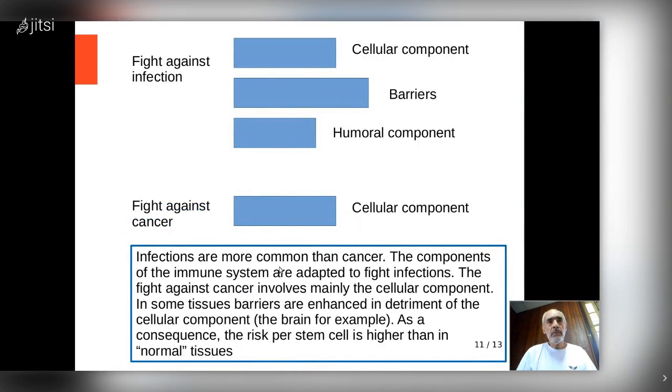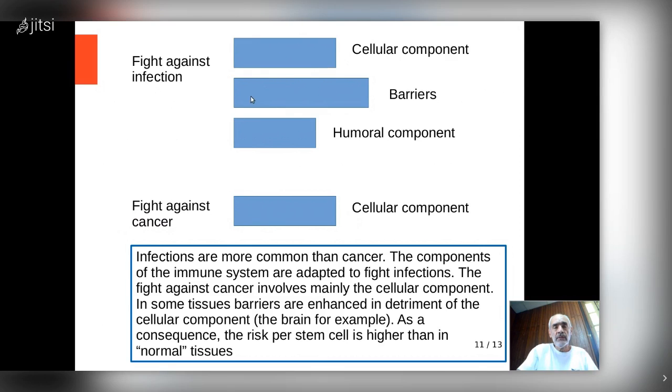Okay, for example, something interesting to explain is the relation between how our body fights against infection and how it fights against cancer. In the fight against infection there are at least three components of immunity.